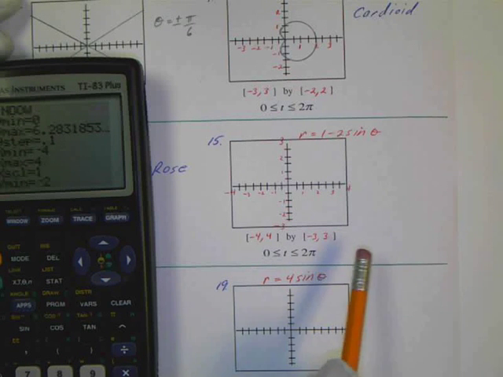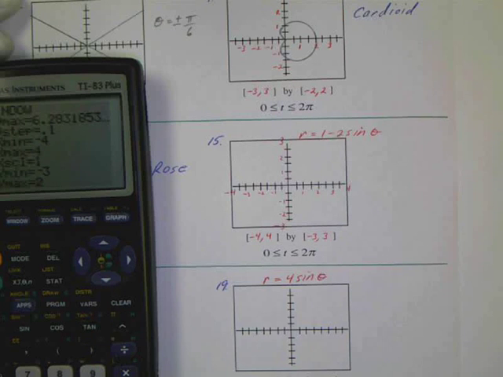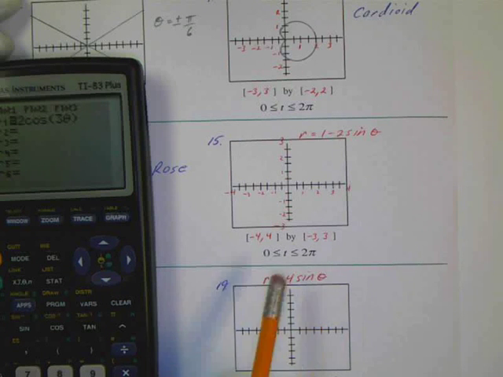And graph these in -3 to 3. I already graphed these, so I knew what the window would be. So let's go back over here and graph it. But when you graphed it, if it wasn't fitting right, then you could change your window.